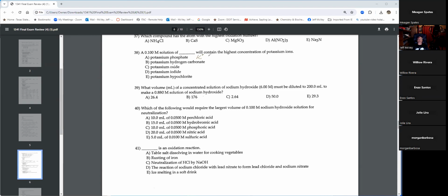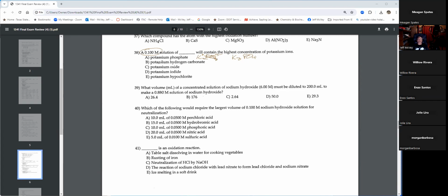It's got a +1 charge. Phosphate is PO4 with a 3 minus charge. So cross, that gives you K3PO4.